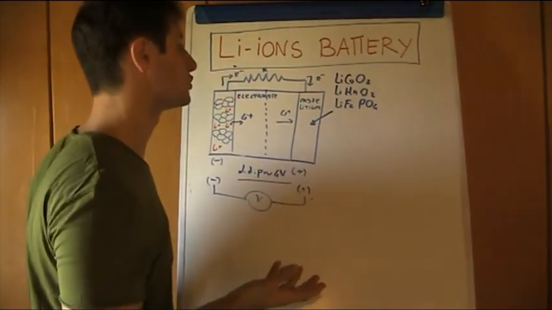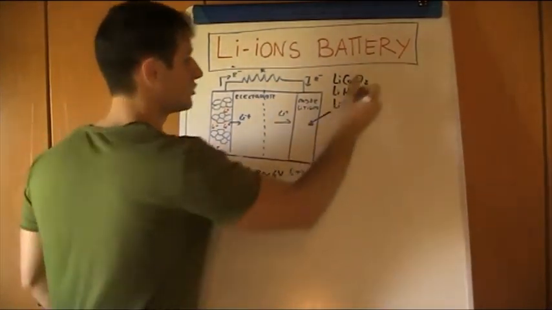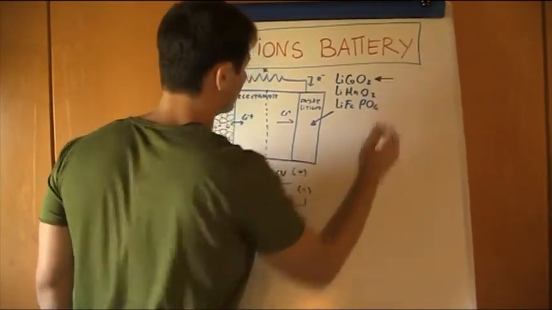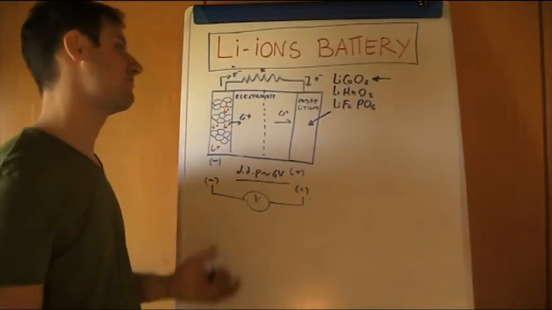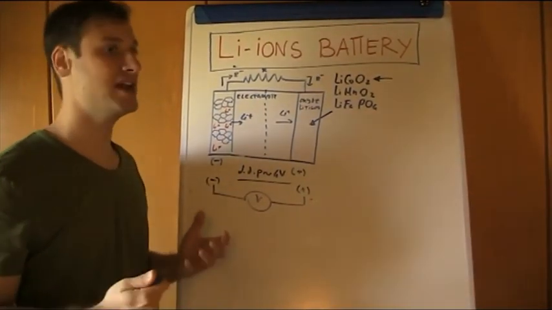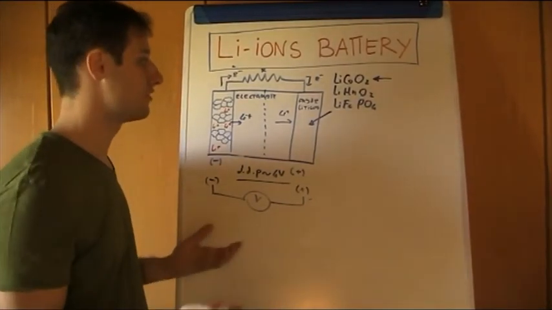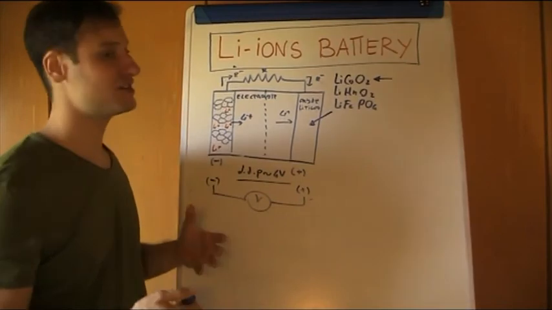What is important to say is that this type of oxide, the lithium cobalt oxide, is the best one, but nowadays we have a lot of problems because there remains only a small amount of cobalt on earth, and so the price is increasing.